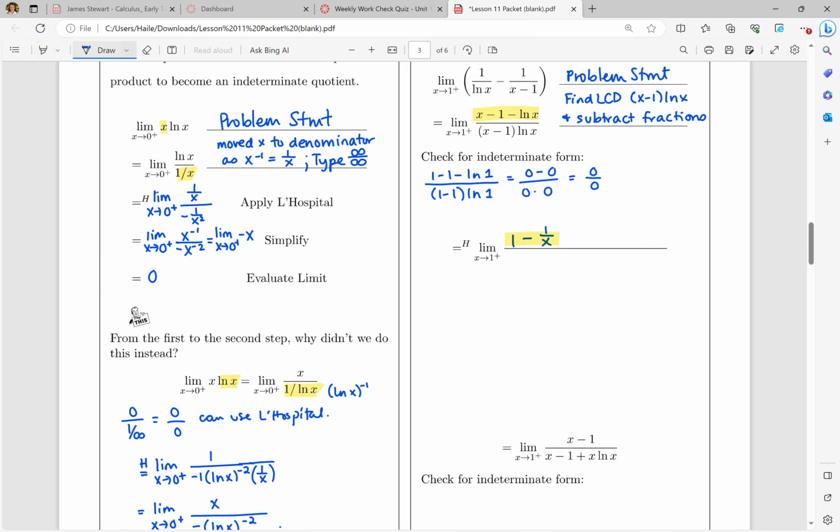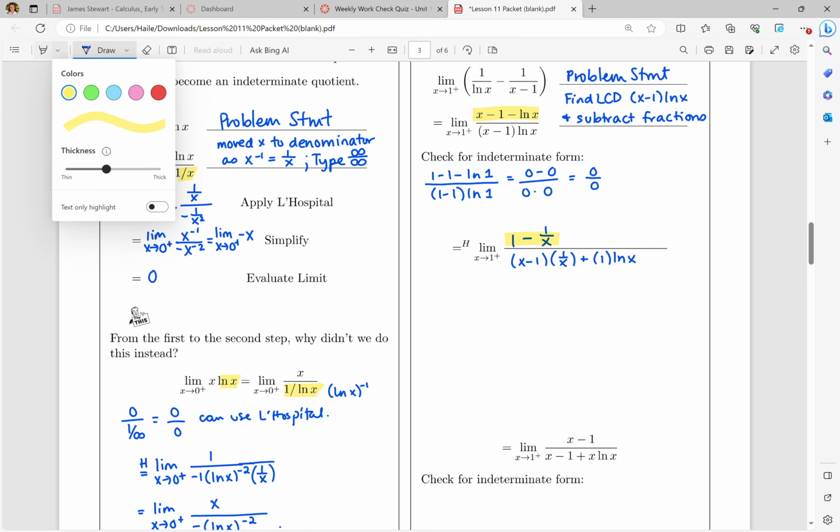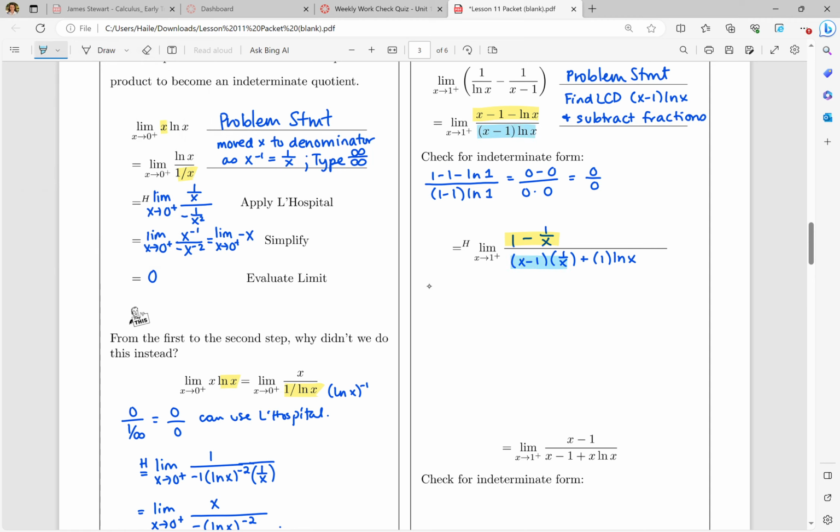We have a product of x minus 1 and ln of x, so we need to apply the product rule. So we have x minus 1 times 1 over x, plus the derivative of x minus 1, which is 1, times ln of x. Let me color coordinate for you: here's our denominator, and there's the derivative of the denominator.